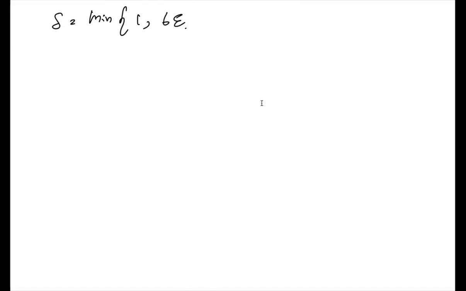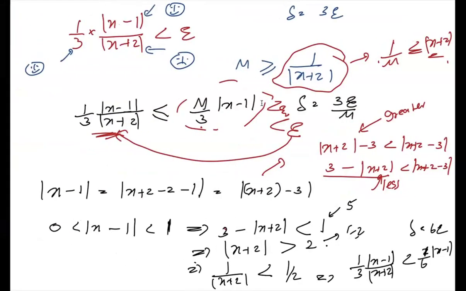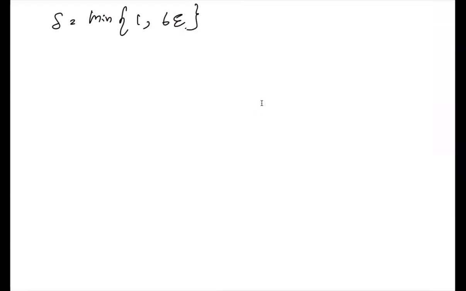Because my second delta is 6 epsilon, according to here, because it is 1/6 times |x minus 1|. So if I put delta equals 6 epsilon, this straight away becomes less than epsilon. So then I can write delta greater than 0 and delta less than or equal to 1.